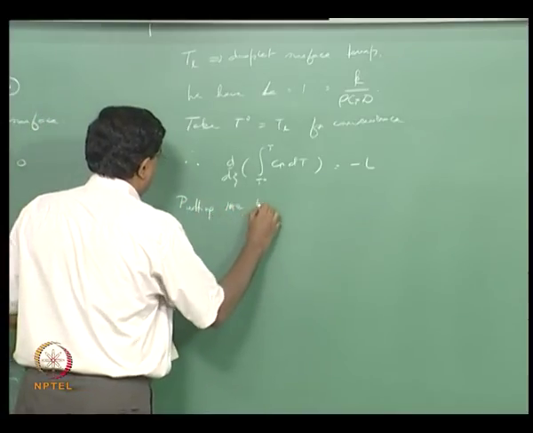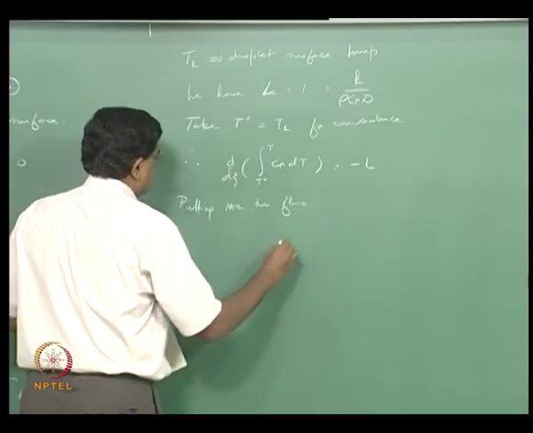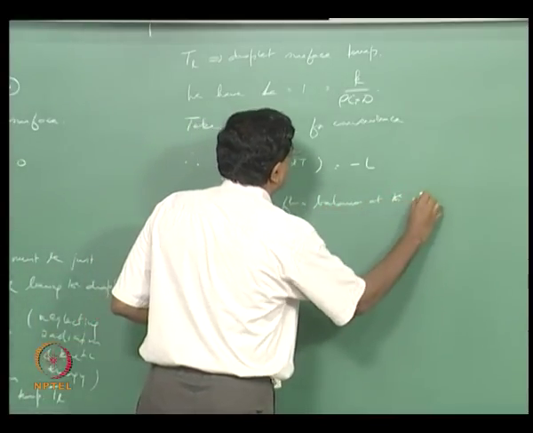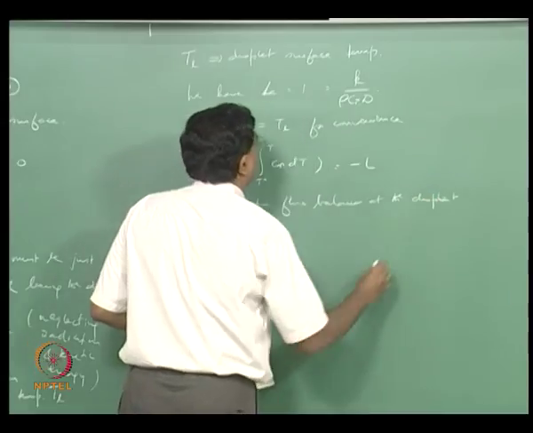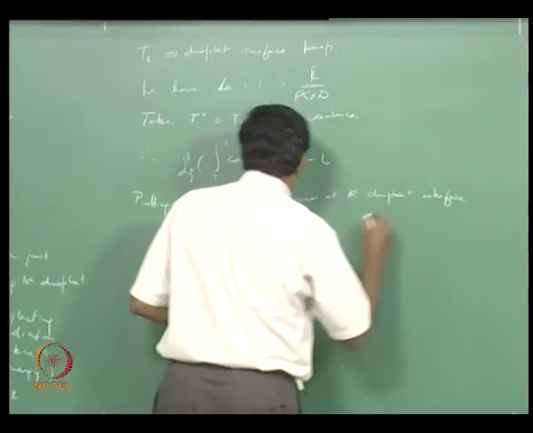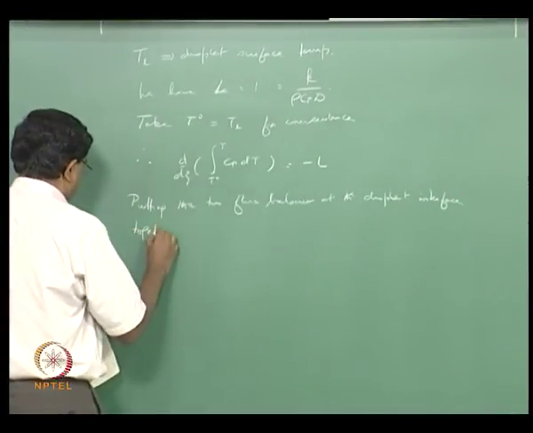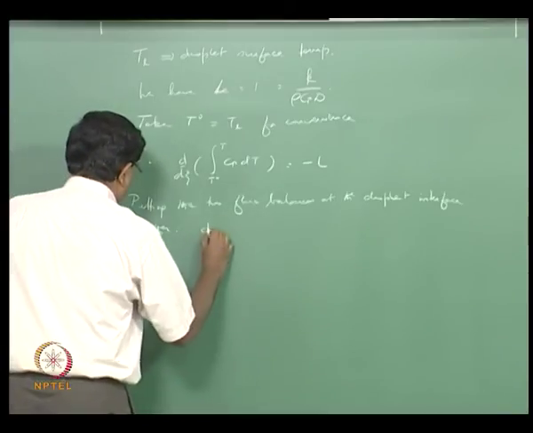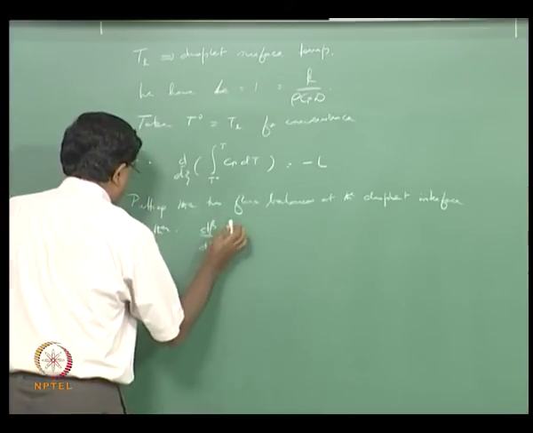So putting the two flux balances at the droplet interface together, we get d beta by d psi.